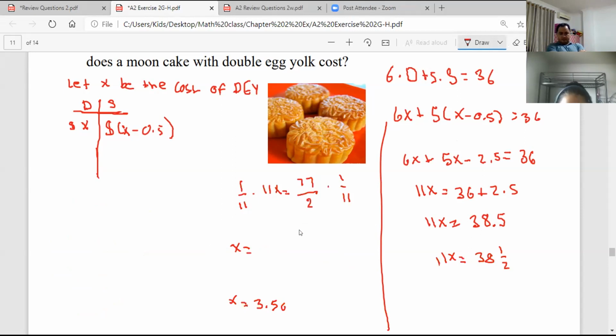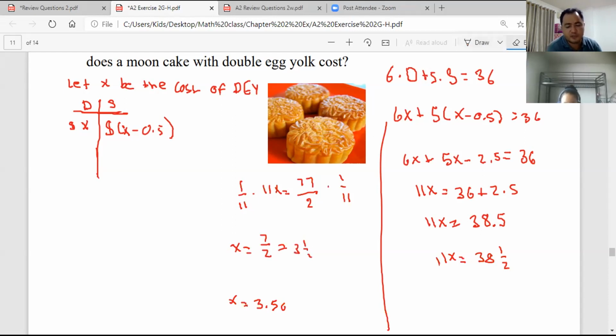Okay, 2. Why 11x again, Shahina? They already canceled out. 1 over 11 times 11, what is it? Just x, right? So 77 over 11, it is 7 in the numerator. So it is 7 over 2, which equals 3.5.